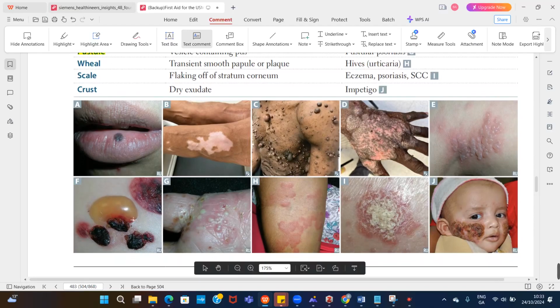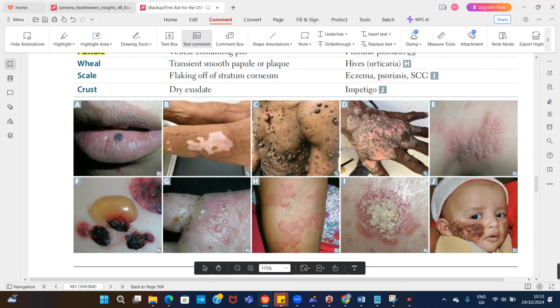The next here is a lesion that is filled with fluid, but it is more than 1 cm. So this is what we call a bullous lesion, bullae. You can see that some of them have ruptured. You can see this one that is intact. If you are seeing something like this, it has pathologic significance. Rupture or not rupture, we'll get there shortly.